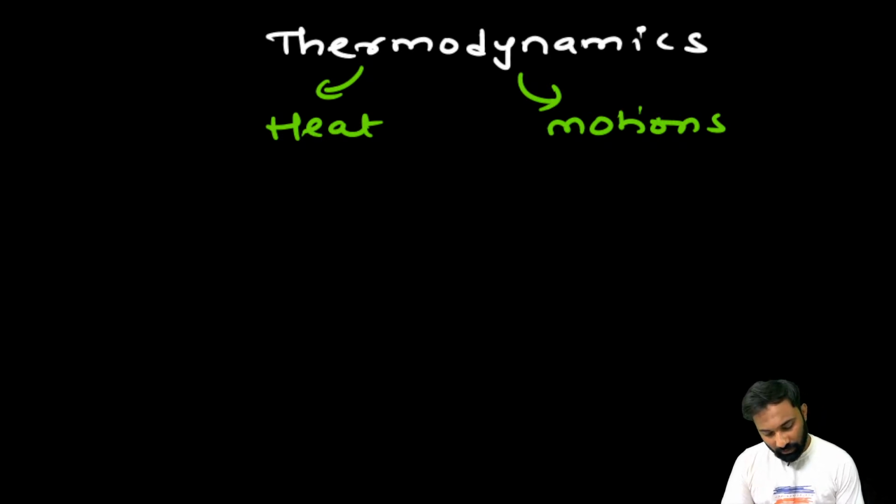Clear? Now what are the main things we are going to deal with in thermodynamics? First, what are the objectives that we are going to see in chemical thermodynamics? The first point, I will write the definition of thermodynamics. What is the definition of thermodynamics?